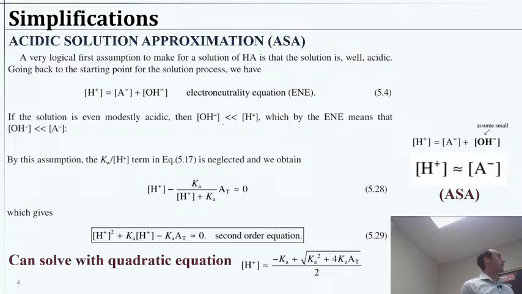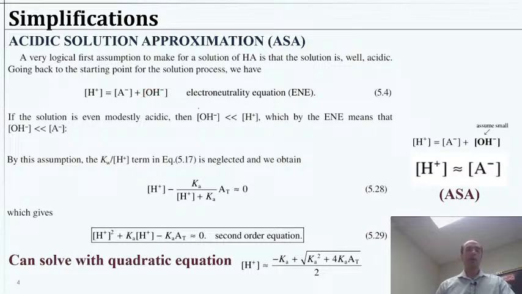OH minus is a lot smaller than H plus. I mean, even at pH 6, that's 2 orders of magnitude because OH minus is going in the other direction, right? So at pH 5, that's going to be 4 orders of magnitude different. So that's going to hold true, which means OH minus is also a lot smaller than A minus. So essentially, we can assume this is negligible, right?